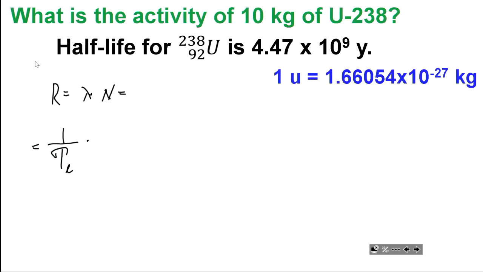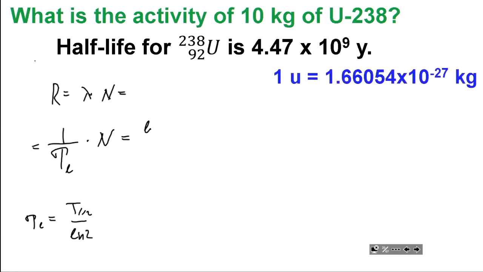So, because now we are looking for activity, not for N, that's why it's inverted. So, activity equals 1 divided by lifetime times the number. And again, the lifetime is longer than a half-life.